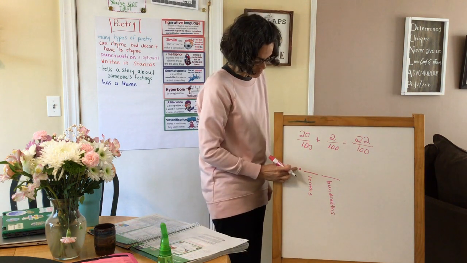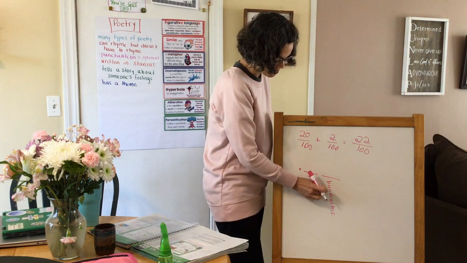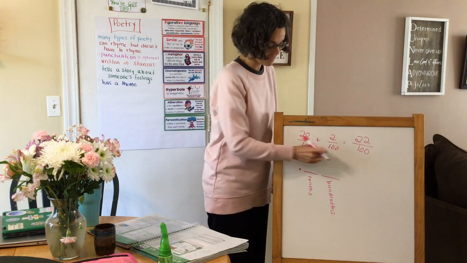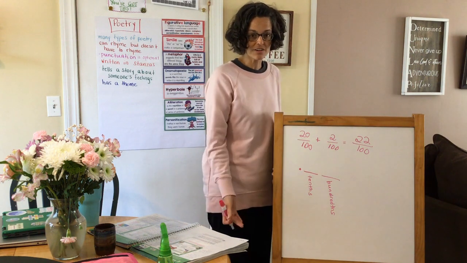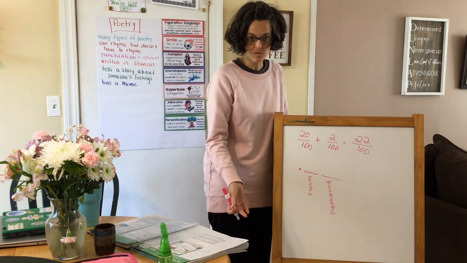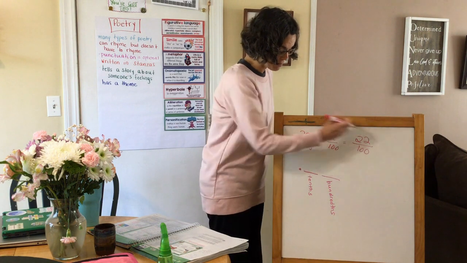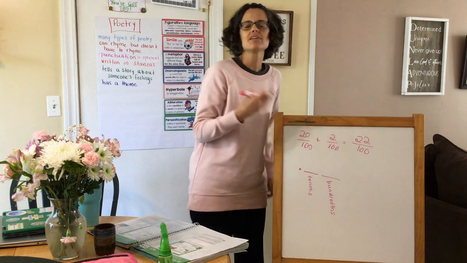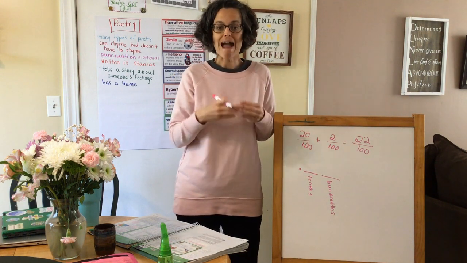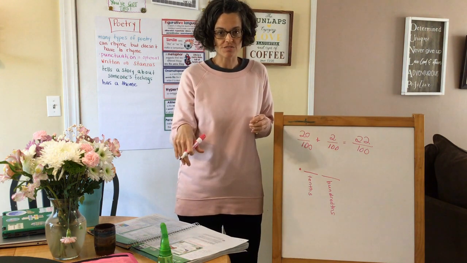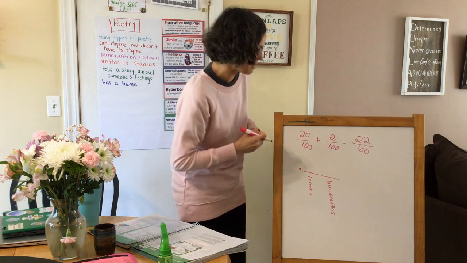All right, so after the decimal point we do tenths and hundredths. So when we're working with tenths and hundredths up here, it's very easy to convert those into a decimal. So what we just did is kind of preparing you for adding decimals next year in 5th grade. Okay, let me show you what I mean.